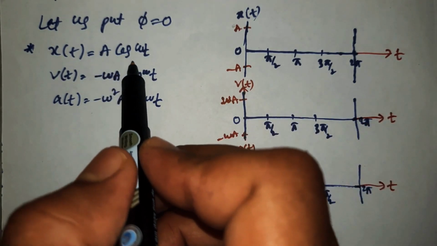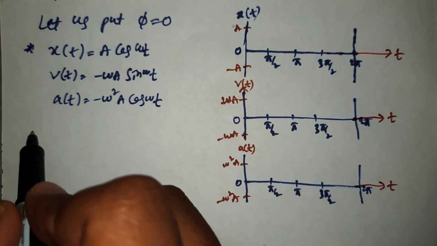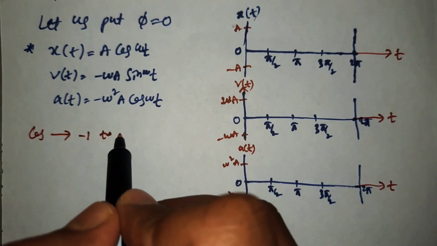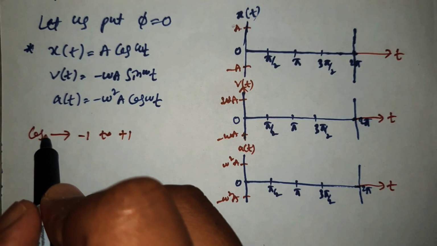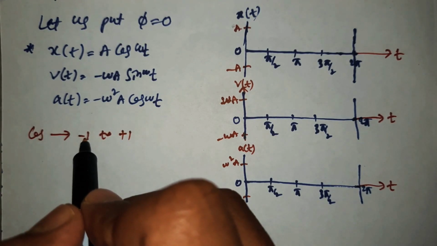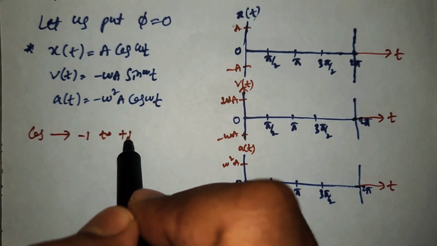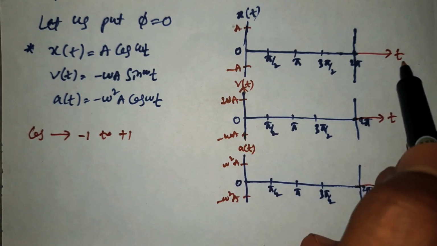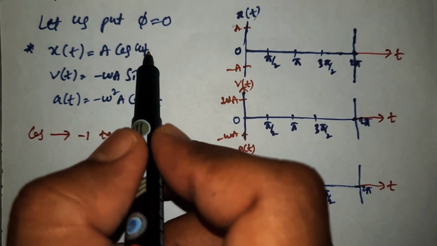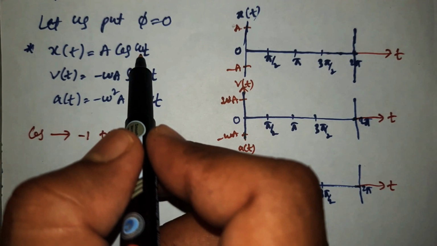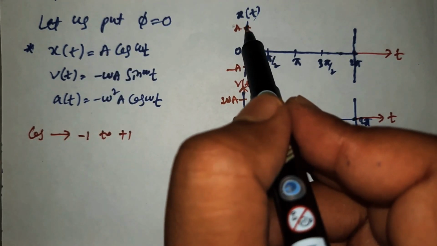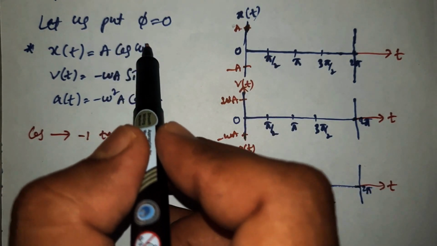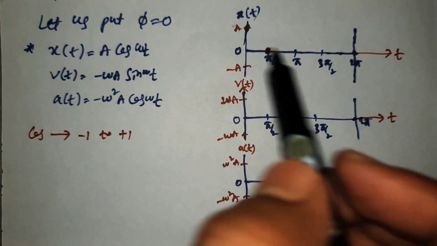So generally cos function varies from minus 1 to plus 1. Here cos pi is equal to minus 1, cos 0 is equal to 1. So here omega t is 0, cos 0 is equal to 1. So 1 into a, here it is a. Cos pi by 2 is 0, 0 into a, here it is 0.